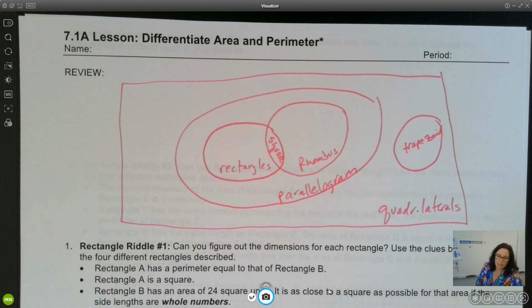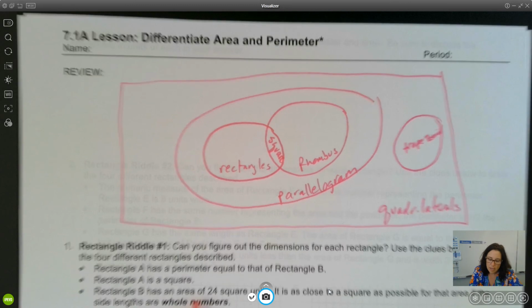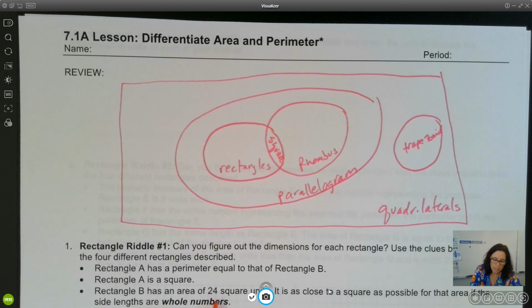Rectangle A has a perimeter equal to that of rectangle B. Rectangle A is a square. Rectangle B has an area of 24 square units. It is as close to a square as possible for that area if the side lengths are whole numbers.